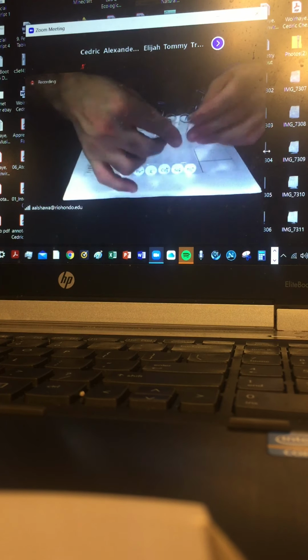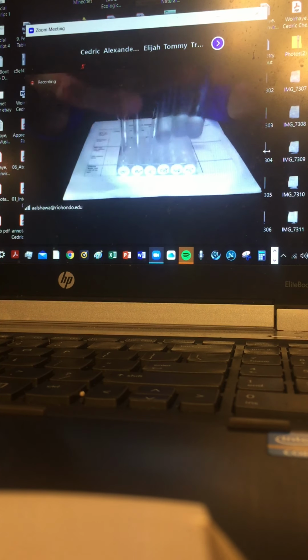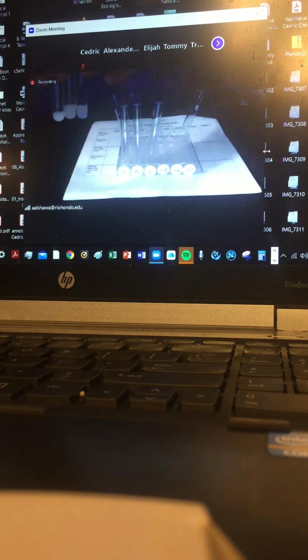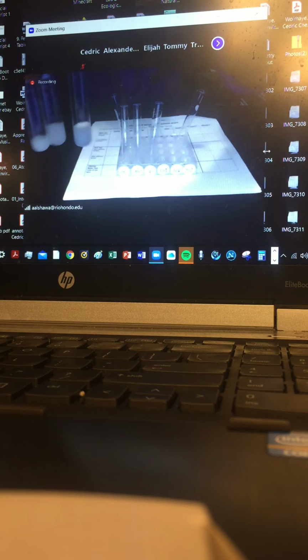The results are pretty much okay. They end up with almost similar results. There's definitely a reaction, but they vary with the intensity of those particles. Some of them are obviously more cloudy than others.